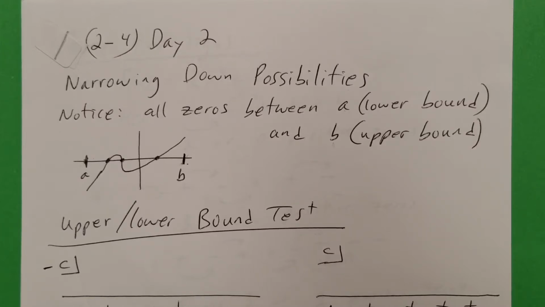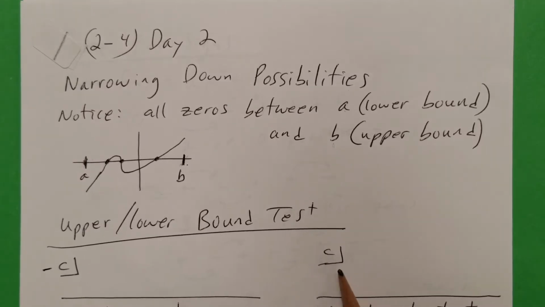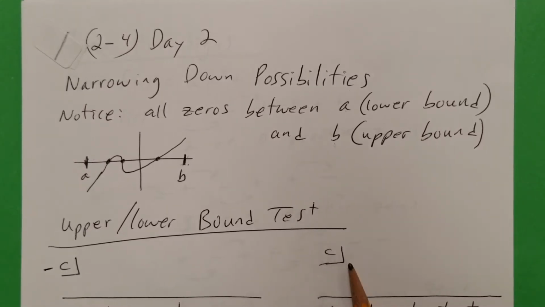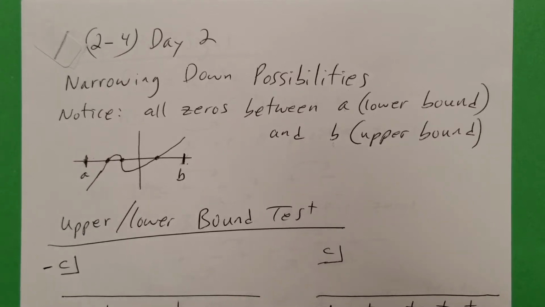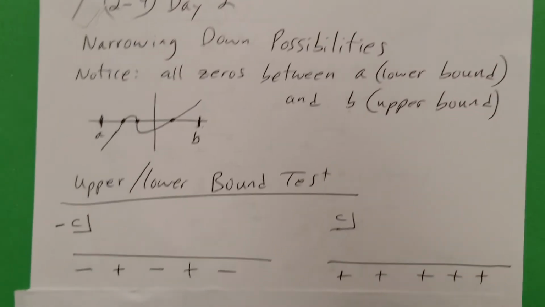Negative, positive, negative, positive, negative. If that happens, then you're dealing with the lower bound. Then you do it with positive C, positive the number, and then if you get all positive here, then you're dealing with the upper bound.